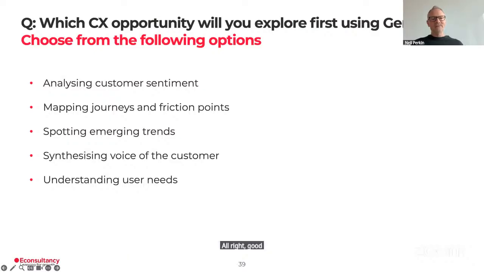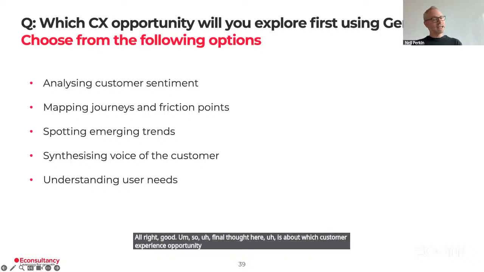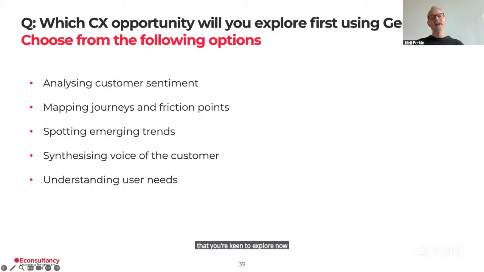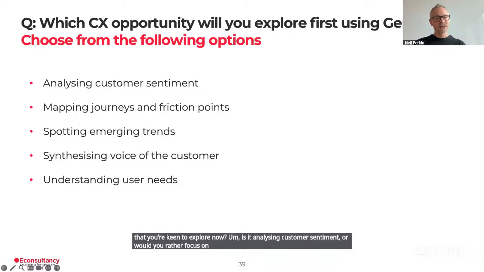All right, good. Final thought here is about which customer experience opportunity you're keen to explore first using generative AI. Maybe something that you haven't done yet that you're keen to explore now. Is it analyzing customer sentiment, or would you rather focus on mapping journeys and friction points?